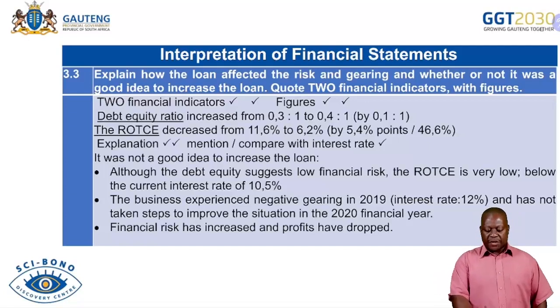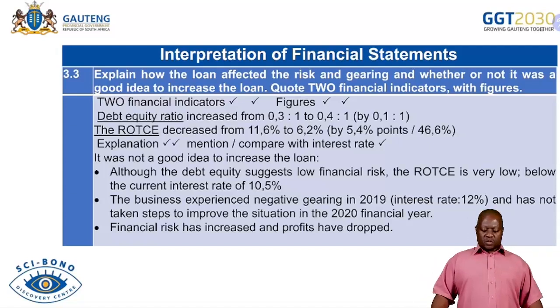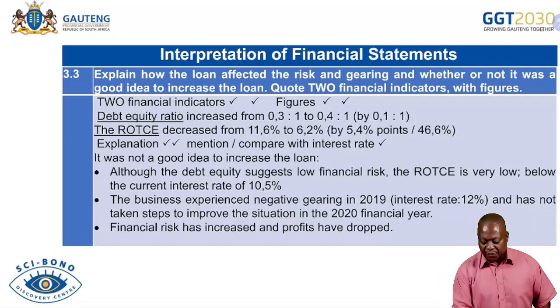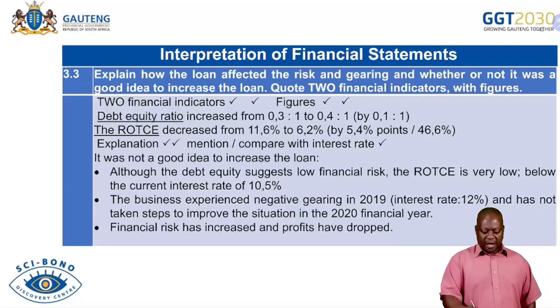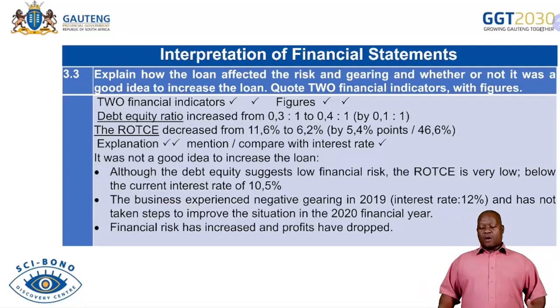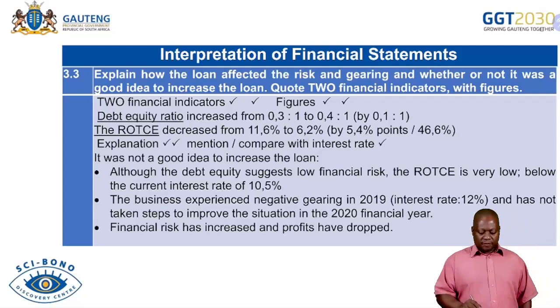The debt equity ratio increased from 0.3 to 0.4, by 0.1:1 as a ratio. And then the return decreased from 11.6 to 6.2, which is by 5.4%. Now, what does this say to us?